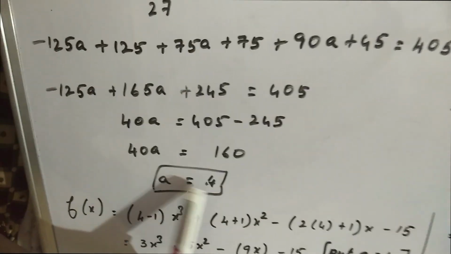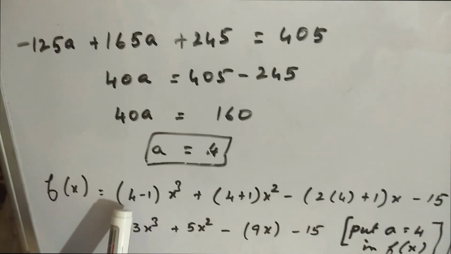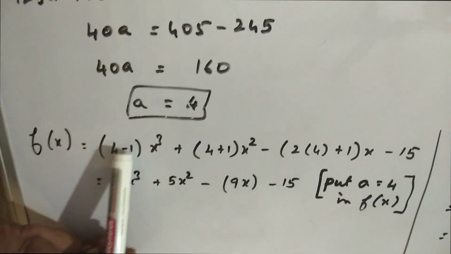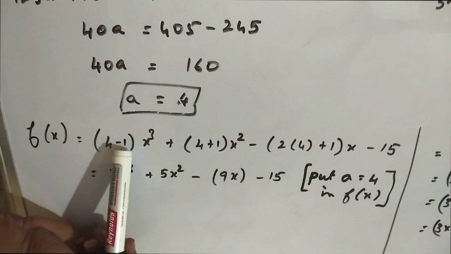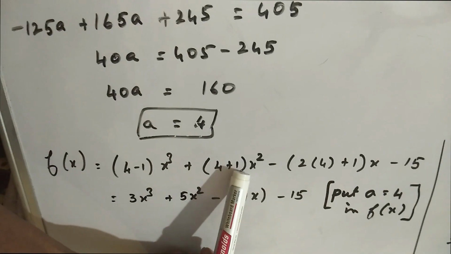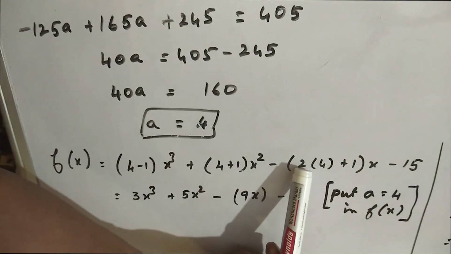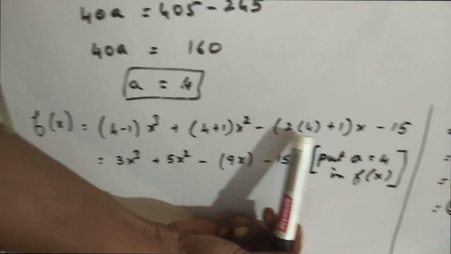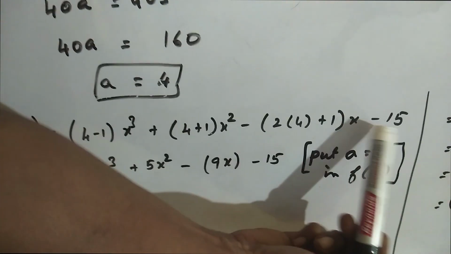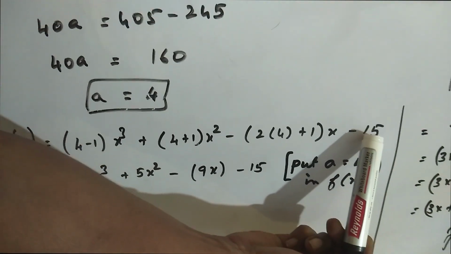Now put the value of a in the given expression. 4 minus 1 x cube, a plus 1, 4 plus 1 x squared, 2 into a, so 2 into 4 plus 1 x minus 15.